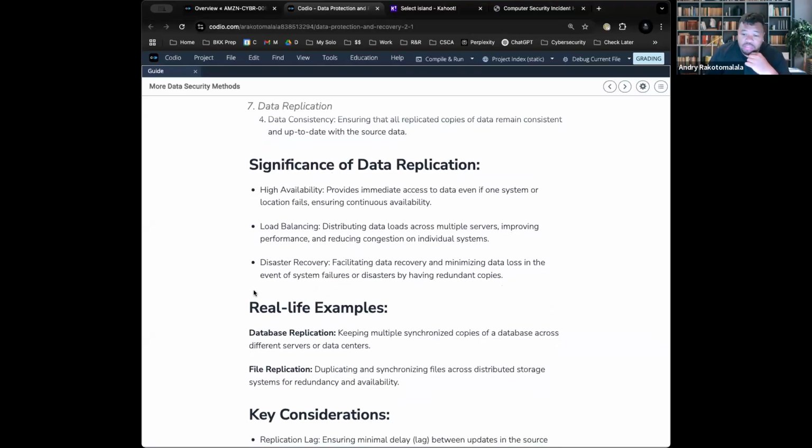Now, as you can imagine, this is incredibly important, right? For one, we already talked about high availability, because we want to make sure that information is available to us at all times. That's why data replication, or copying data, is really important. Also, it improves performance through load balancing. It removes congestion.